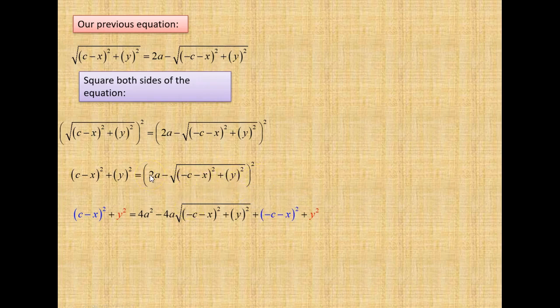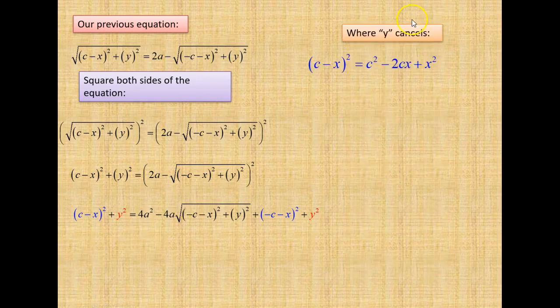That's 2 times 2a times 2a is 4a squared. 2a times the square root of this times 2 is 4a times the square root. And the square root of this quantity times itself leaves this quantity right there, if you remember your algebra.